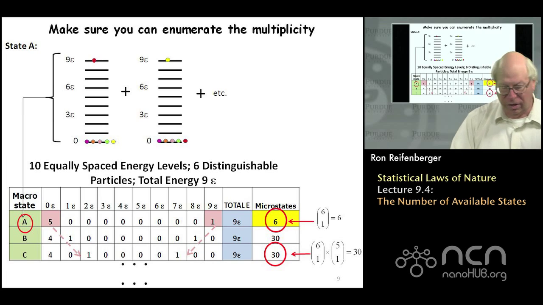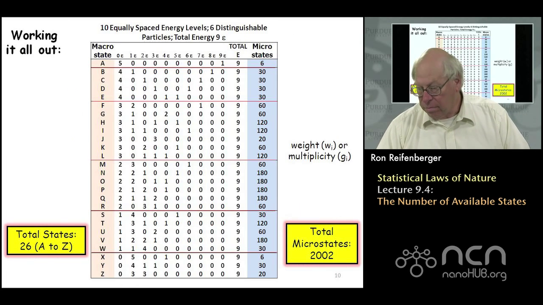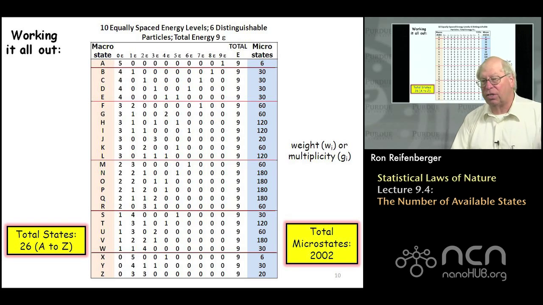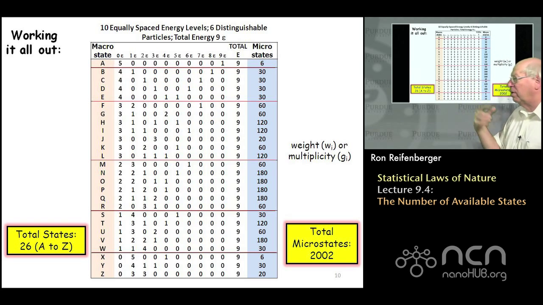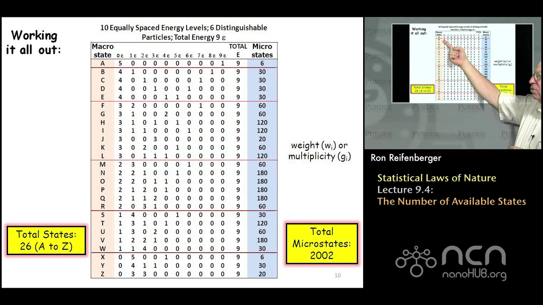It gives you a sense of how these multiplicities are calculated. If you work all this out and you list it in a table, this is the sort of table that you get. These are the so-called macrostates. They're labeled A through Z. There's 26 total of them. These are the way the particles are distributed in the different energy levels.